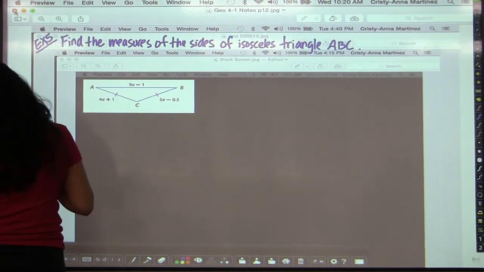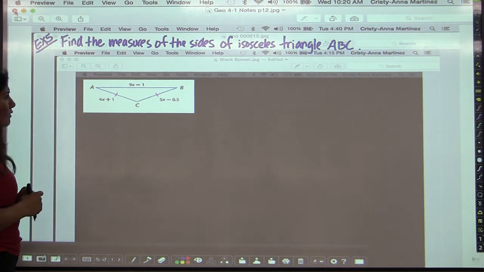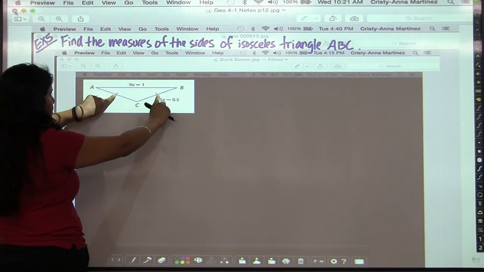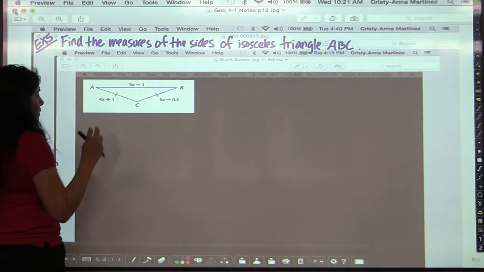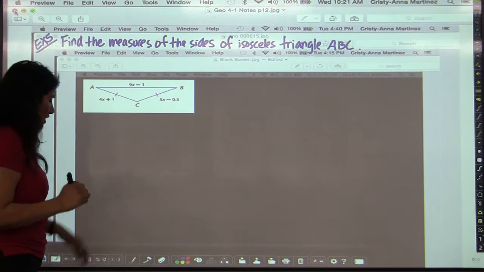So I will now go to our last example, I believe, which is find the measures of the sides of isosceles triangle ABC. So we have this diagram, and they're telling us that this triangle is isosceles, and you can see the little tick marks here. That's telling us that these 2 sides, segment AC and segment BC, are the congruent sides of this isosceles triangle. So that means that they should equal each other.